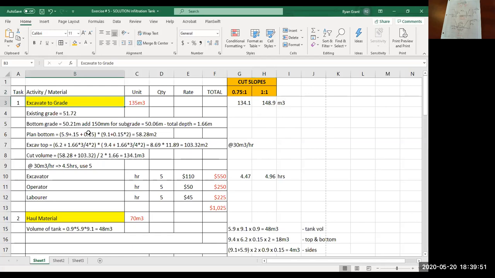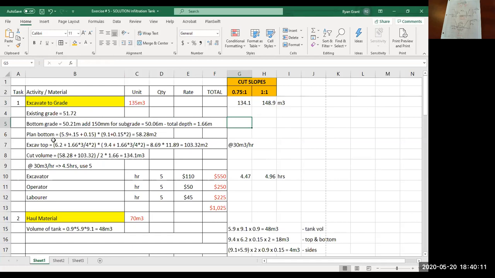So looking at the excavation to grade, we've calculated that the cut depth was 1.66 meters to the bottom of the 150 millimeters of gravel.